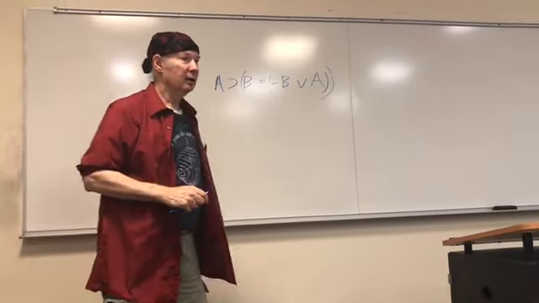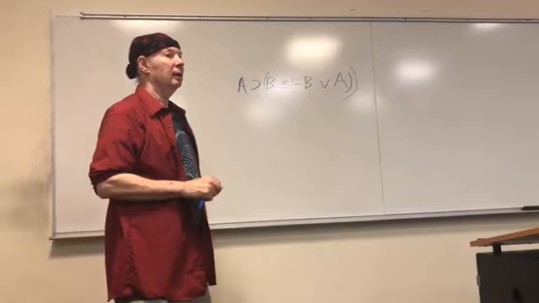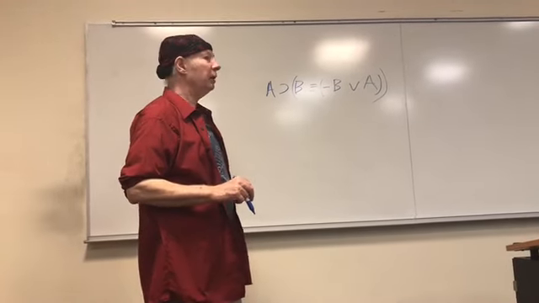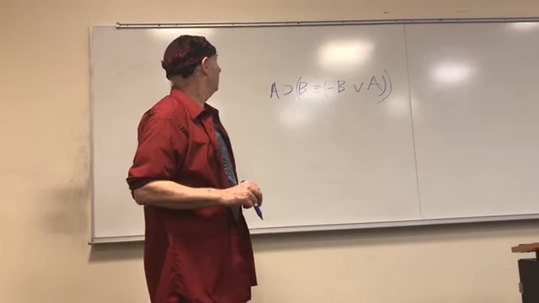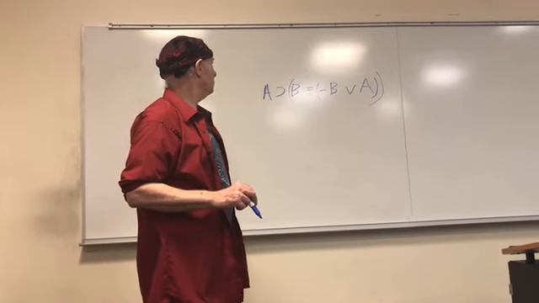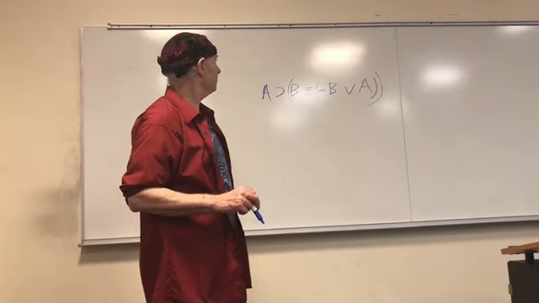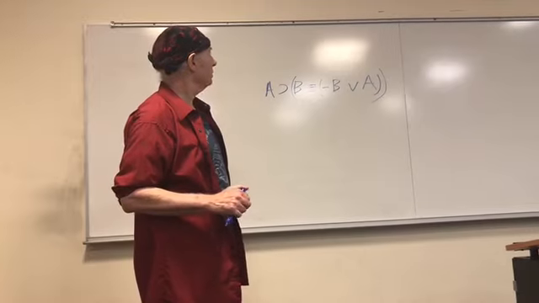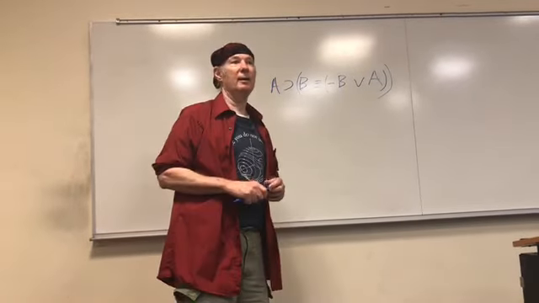Okay. So that's A horseshoe, left parenthesis B, if and only if, left parenthesis, squiggle B, wedge A, right parenthesis, right parenthesis.